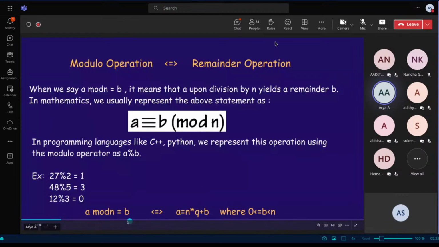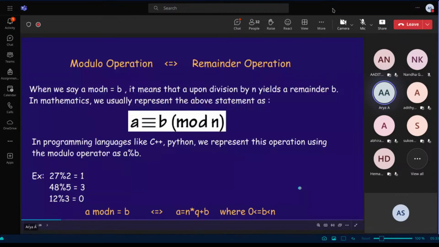Focus on this statement towards the end, which says A mod n equal to B. I can rewrite this as an equation: A equals nq plus B. I hope many of you are familiar with this equation. Here A is the dividend, n is the divisor, B is the remainder, and q is the quotient.